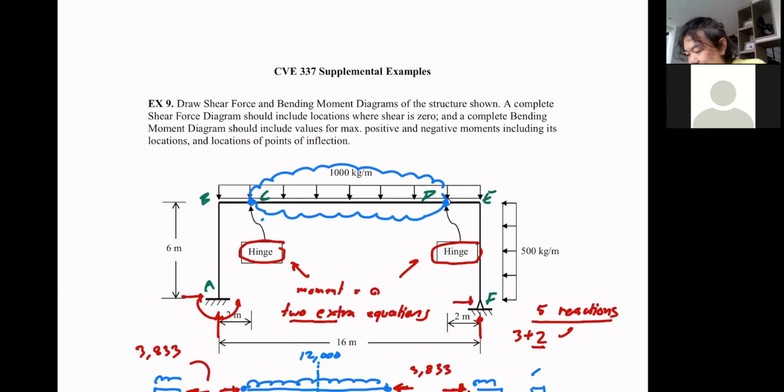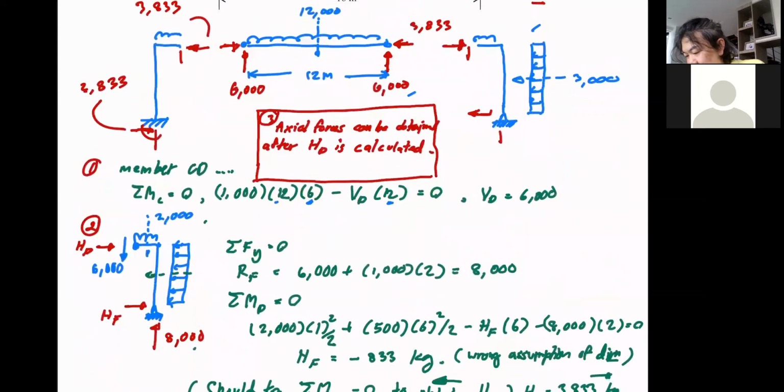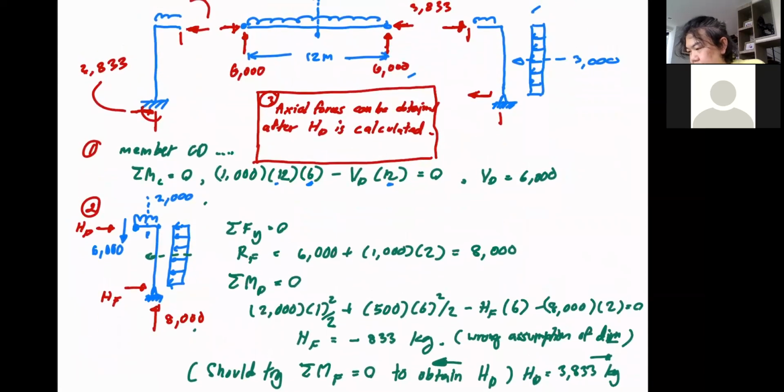Okay. Now we have the last one, which is the free body diagram of this piece A, B, C. Okay, that's that.